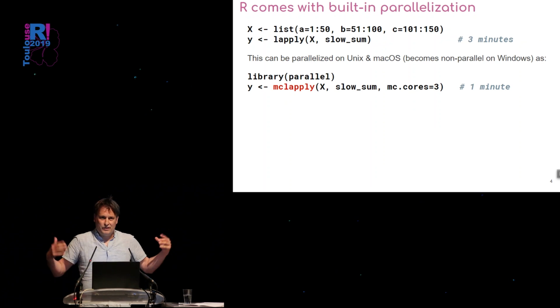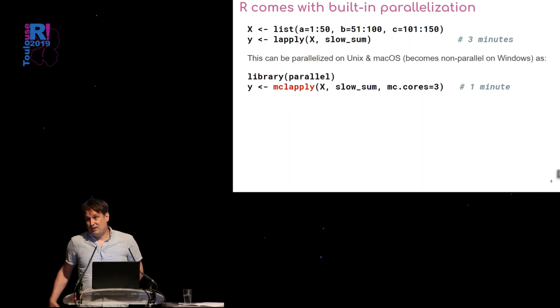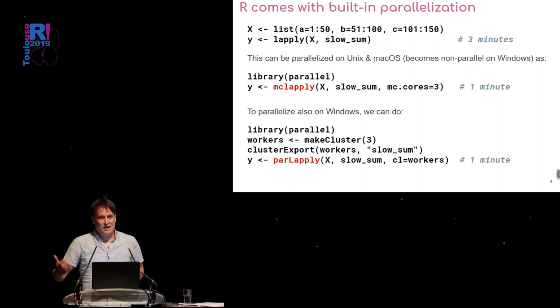So it's going to be 3 workers running on this, and it's going to take a third of the time, 1 minute. If you're on Windows, you can't use this, but you have other options. You can set up a set of background R sessions, export the objects that those sessions need, and then call parLapply. And you get parallelization there as well.